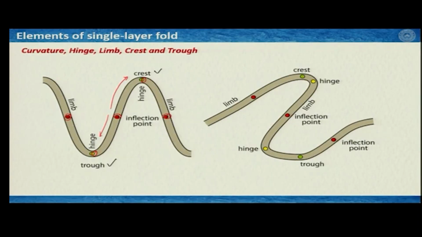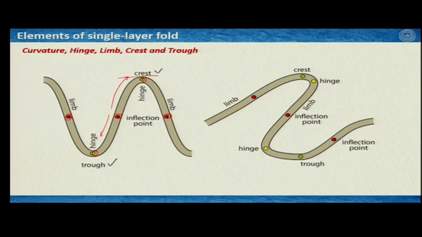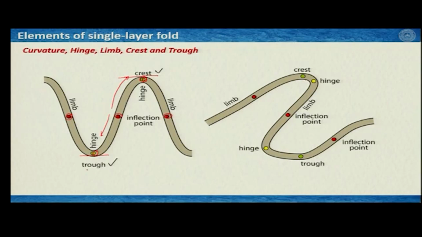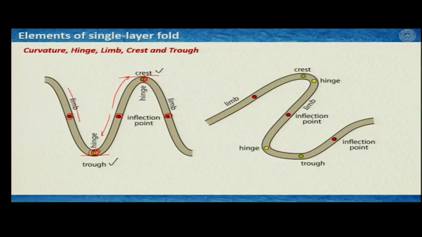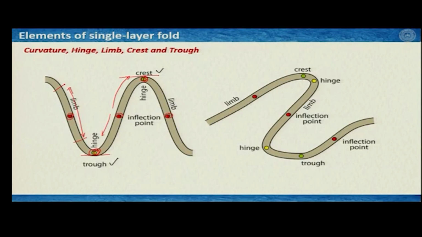Now, crest, at least in this image as we have defined, is the maximum elevation you can achieve in a fold train, and in this case it is coinciding with the hinge point. Similarly the trough, which is the lowest point you can achieve in a fold train, is here also coinciding with the hinge point. The limb is this entire region from the hinge zone to the next hinge zone in that segment.